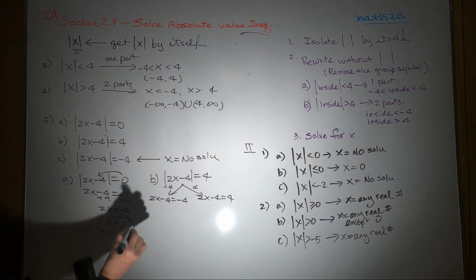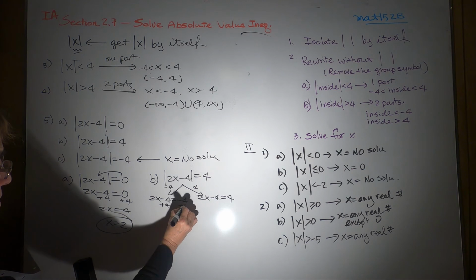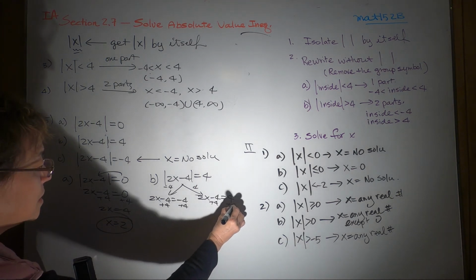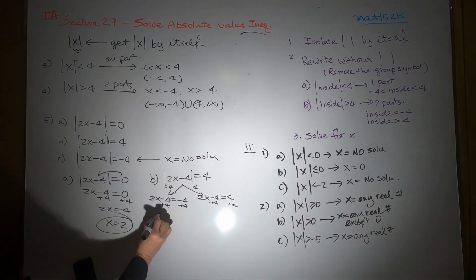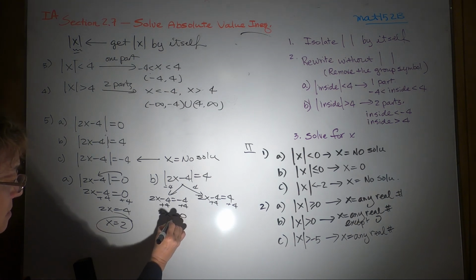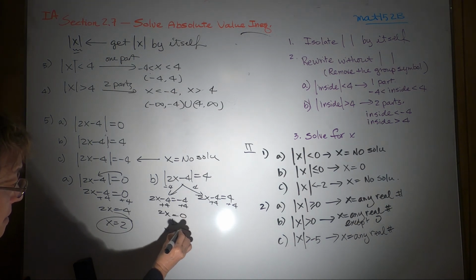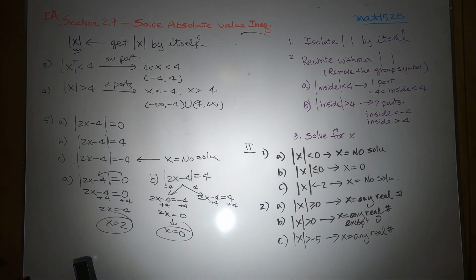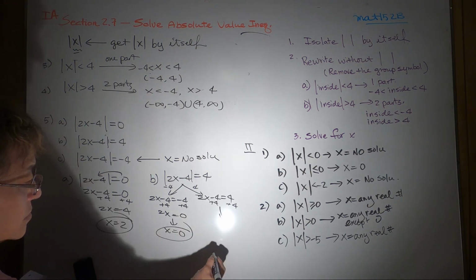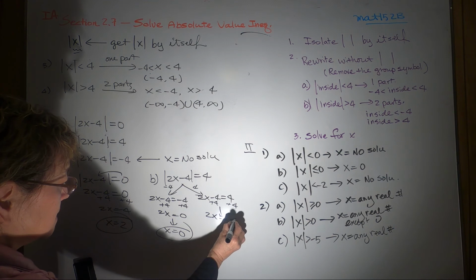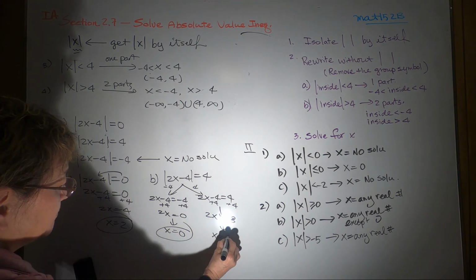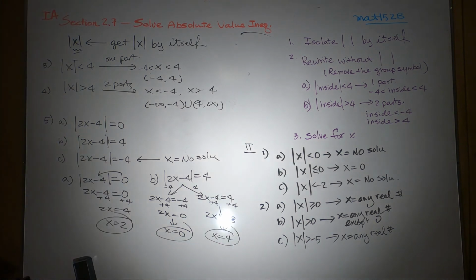Individual equations. Then you can solve it, right? So 2x is 0, so your x is 0 here. 0 is possible, right? So here, 2x is 8, so x is 4, right?